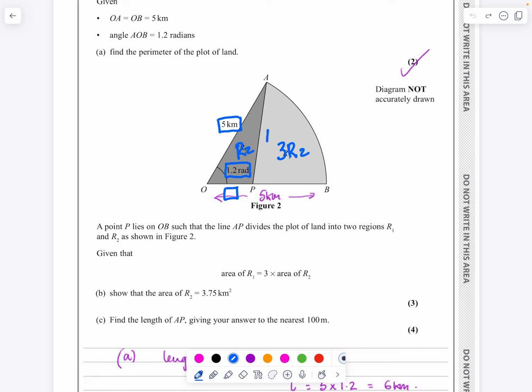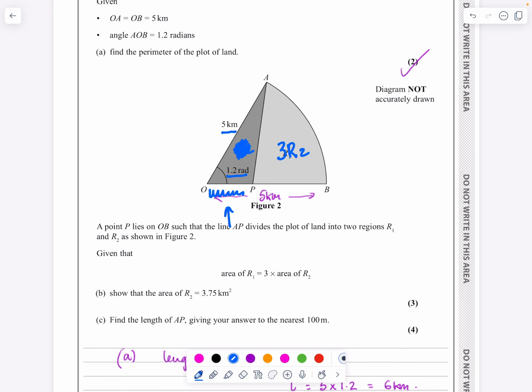So although they've asked me for AP, what I'm going to do first of all is see if I can work out OP. And I can work out OP because I know the area of this triangle here. I know this length, and OP will be the only thing missing in my formula.